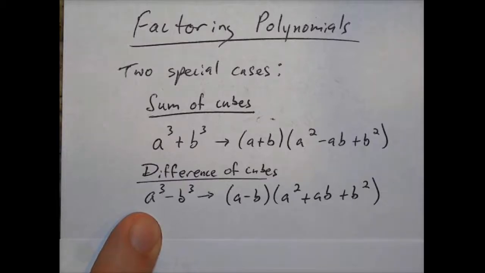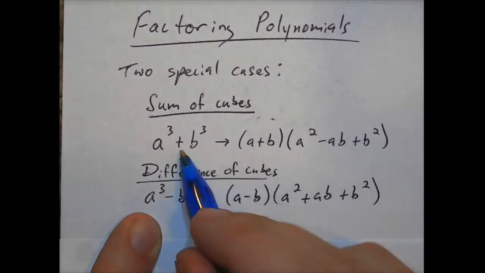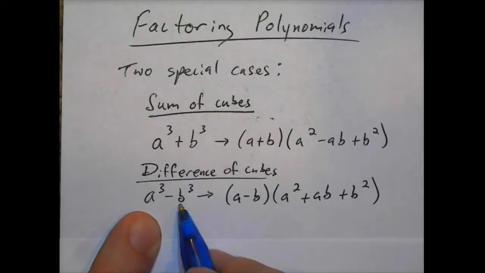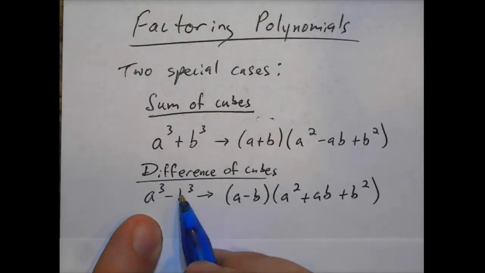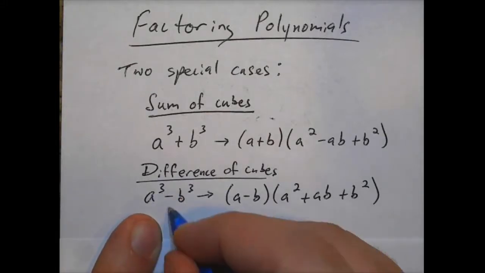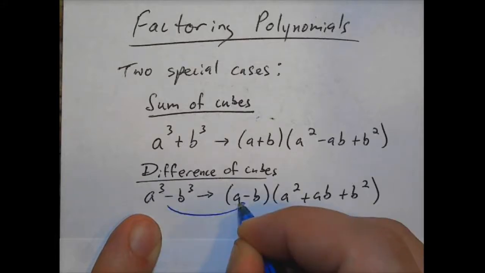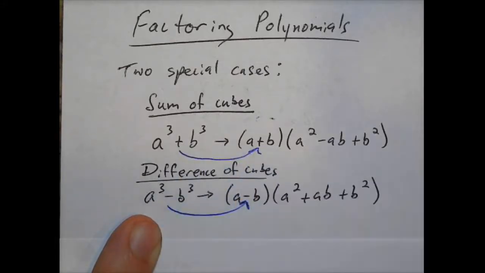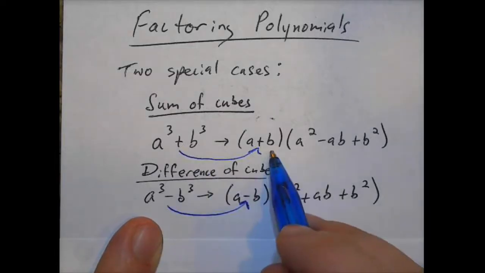Notice these are very similar. The difference here, that one is a plus, that one is a minus. Difference of cubes, they're subtracting because you're taking the difference. Also, notice these signs relate right there. It's the same sign. So if we have a sum of cubes, our first factor will be a plus b.